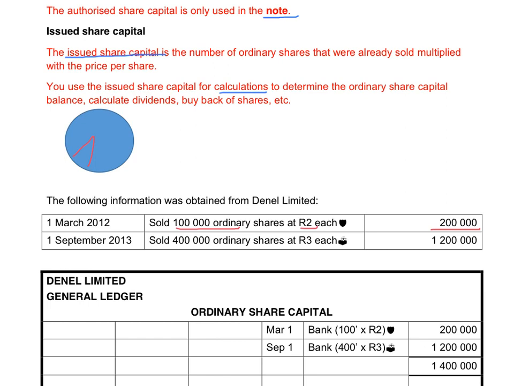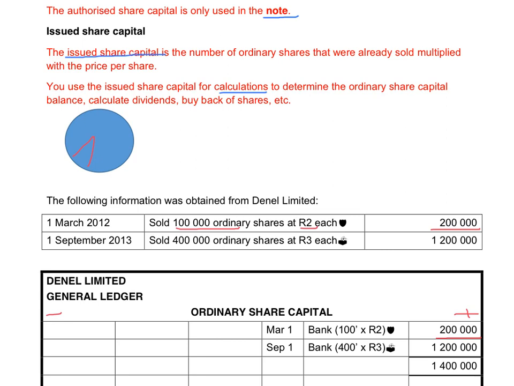So the ordinary share capital account was credited. Remember, capital is an equity. Equity increases on the credit side and decreases on the debit side. So ordinary share capital was credited with this 200,000 to show that the capital in this business is worth 200,000.